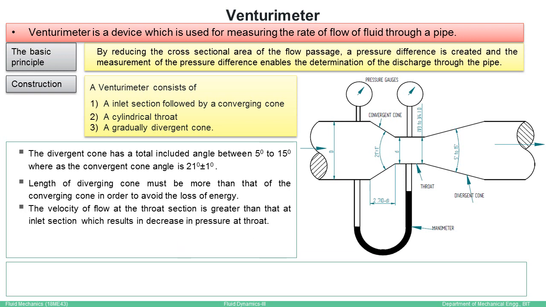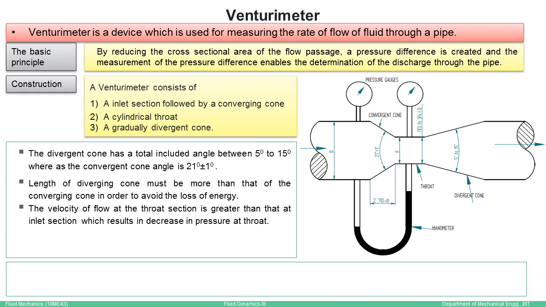And because of the construction, definitely the velocity at the throat section will be greater than that at the inlet section, so consequently there will be a reduction in pressure, and that reduction in pressure is useful in the determination of Q. Sometimes this reduction will go so high that the pressure at the throat will become negative also.